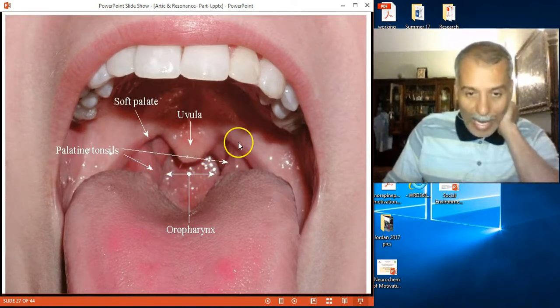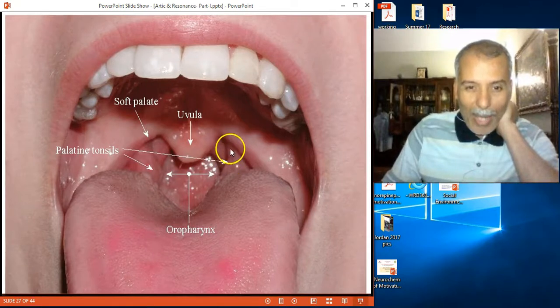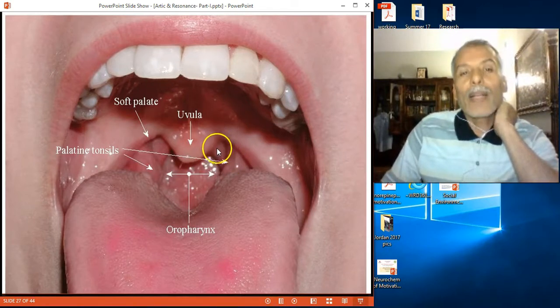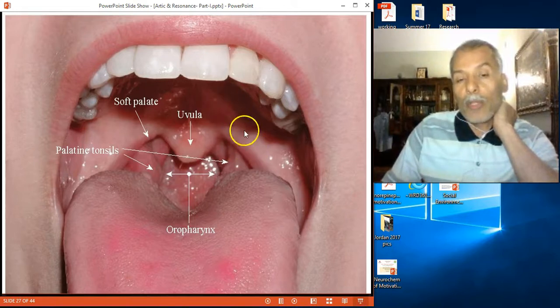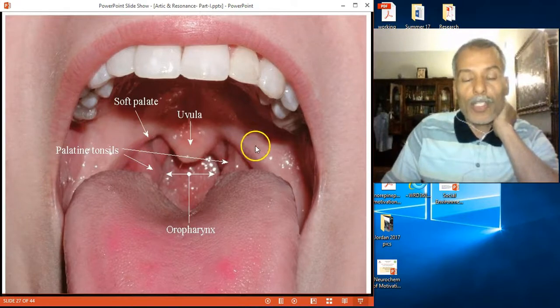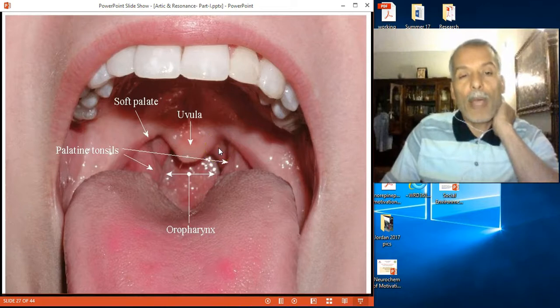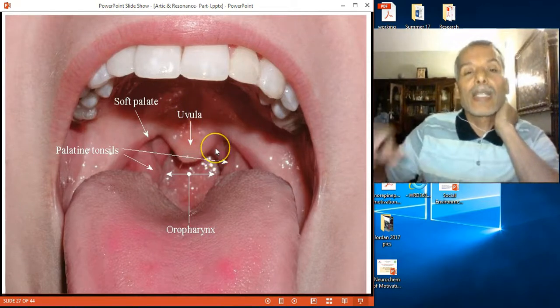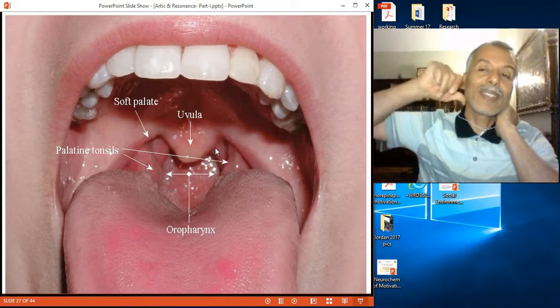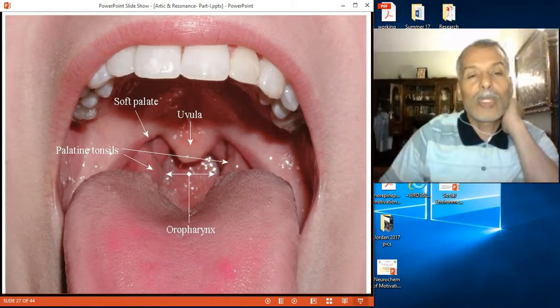You notice behind this there is the tonsil, and behind the tonsil there is another muscle, another wall that is part of the palatal arches. That is the posterior wall of the palatal arches. That is the palatopharyngeus. It comes down, but it goes back and connects with the pharynx.